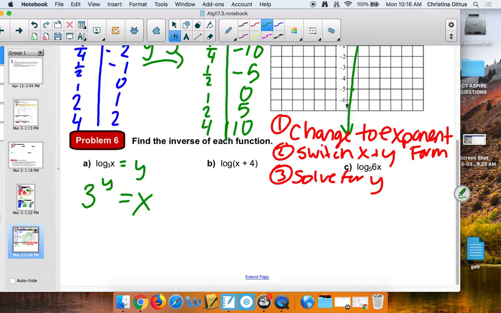Okay. The next thing this says to do is switch x and y. So instead of 3 to the y power equals x, I should have 3 to the x power equals y. And then solve for y. Is y by itself? Yeah, we're done.